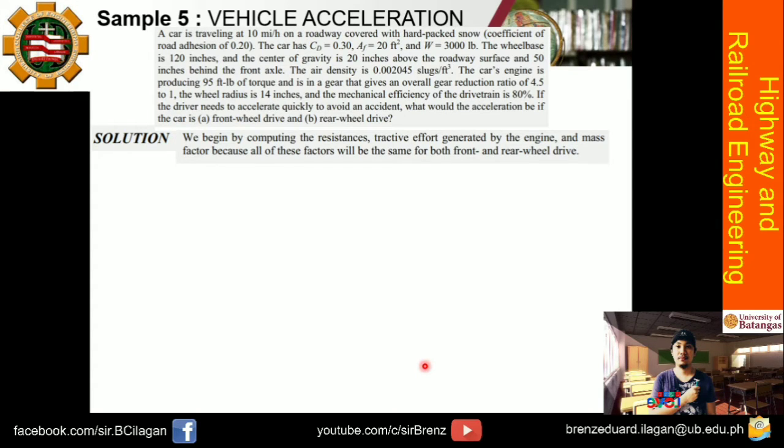We begin by computing the resistance, the tractive effort generated by the engine, and the mass factor, because all of these factors will be the same for both front and rear-wheel drive.